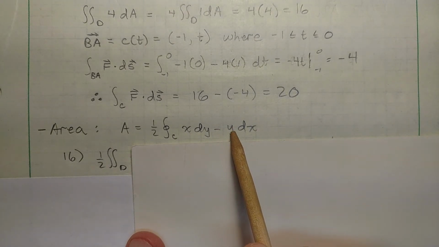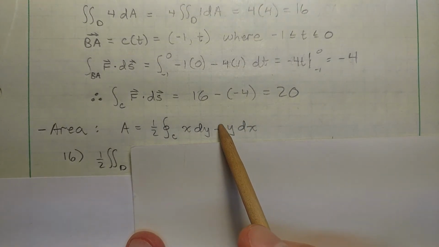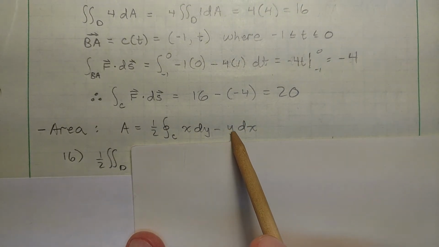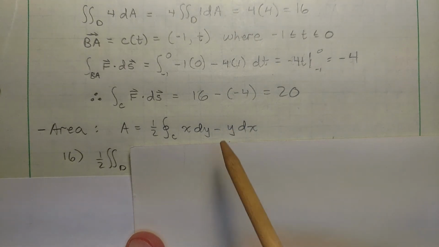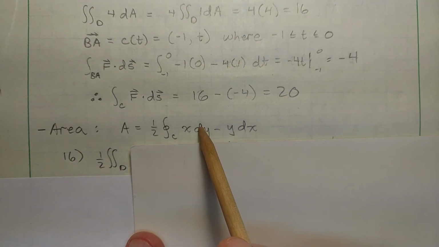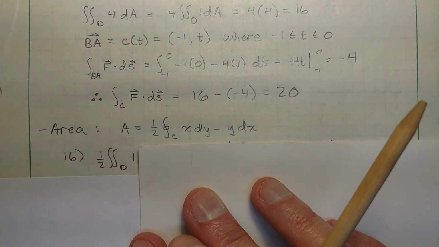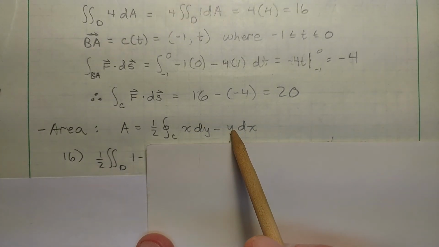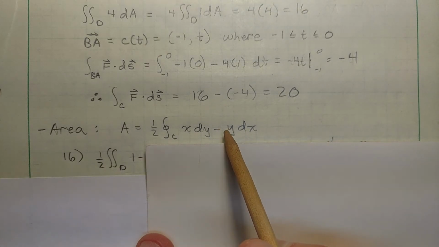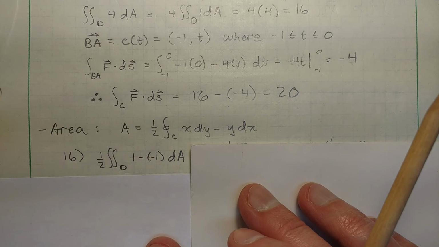So when I take the derivative of that with respect to x, I need my dy, my derivative of y with respect to x. My y term is x, and the derivative with respect to x is just 1. Then I have minus, and this is my x term. When I take the derivative of that with respect to y, I get negative 1. So I have 1 minus negative 1, or it just becomes 2.